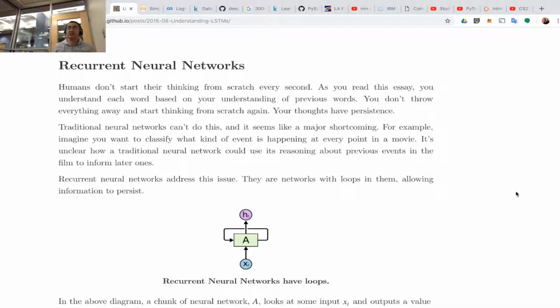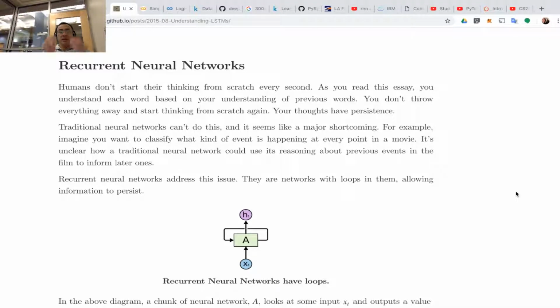Your thoughts have persistence. Traditional neural networks cannot do this: input plus weight, add a bias, and activate, the linear transformation. It seems like a major shortcoming.